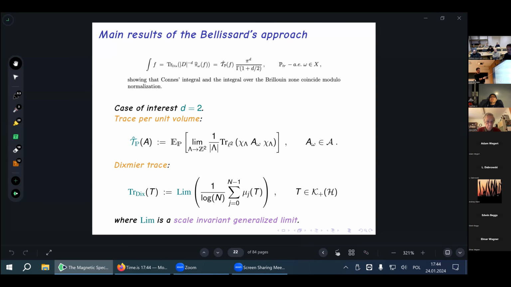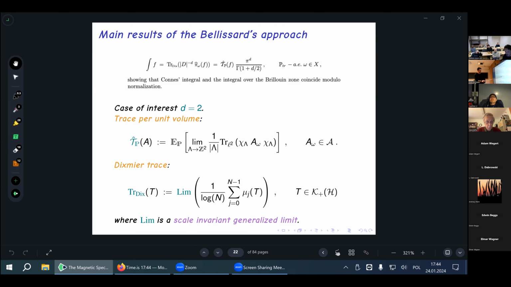On the other side, I have another type of trace. I would like first of all to focus on this trace, which is called the trace per unit volume, which in physics is nothing more than the computation of thermodynamic quantities. How does it work? I take my element of the algebra represented in my representation omega, fixing omega for the moment.